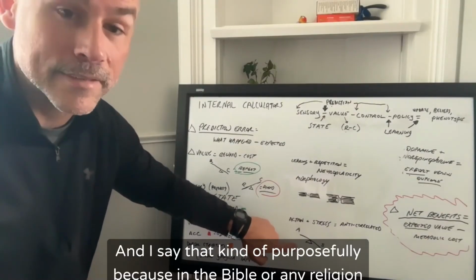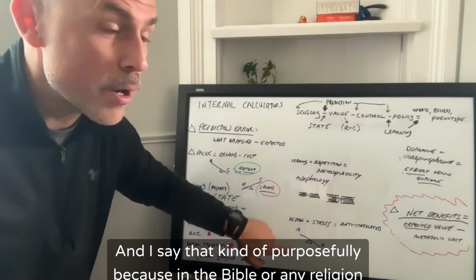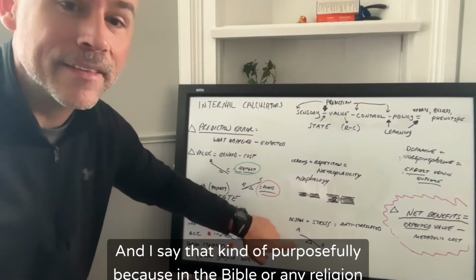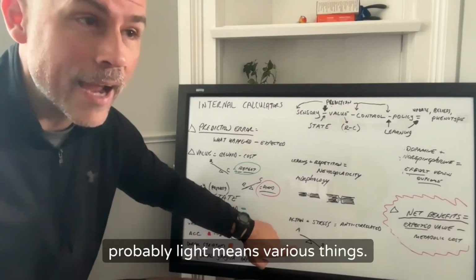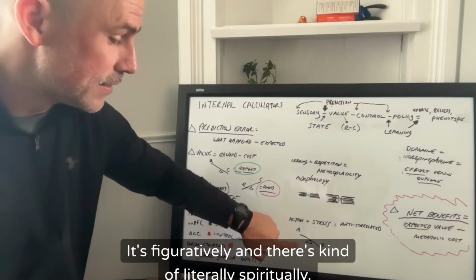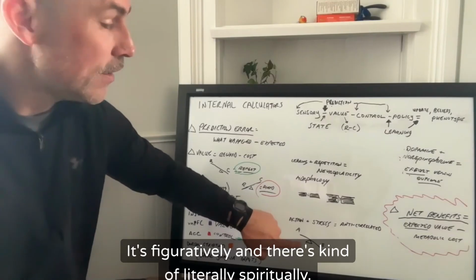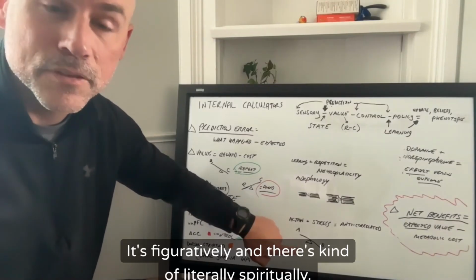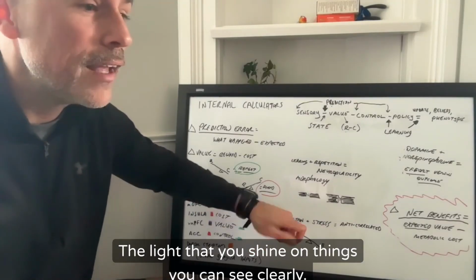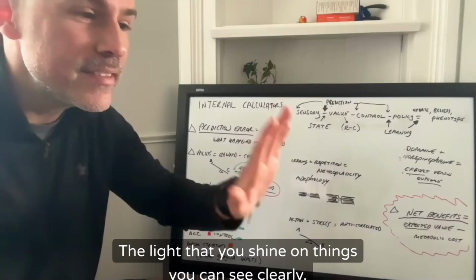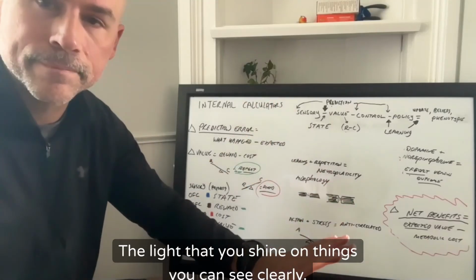And I say that kind of purposefully because in the Bible or any religion, probably, light means various things. It's figuratively and there's kind of literally, spiritually. Okay? The light that you shine on things, you can see clearly.